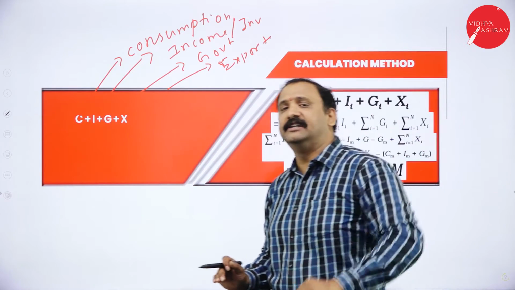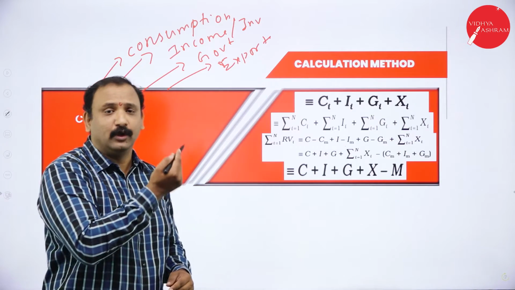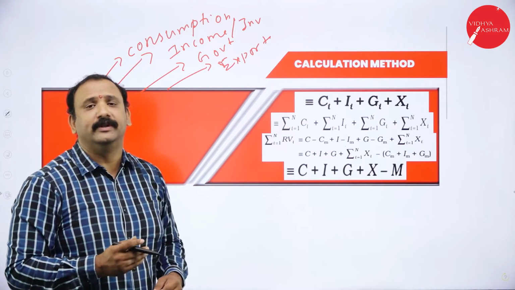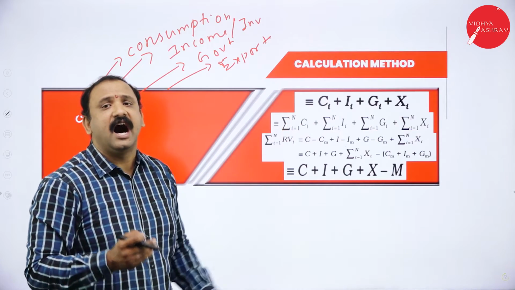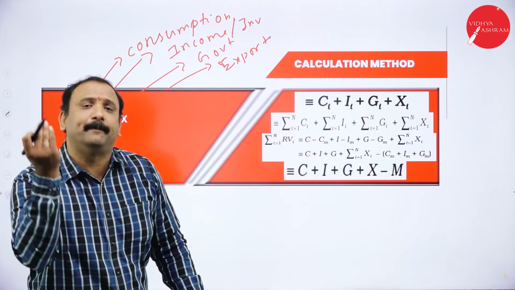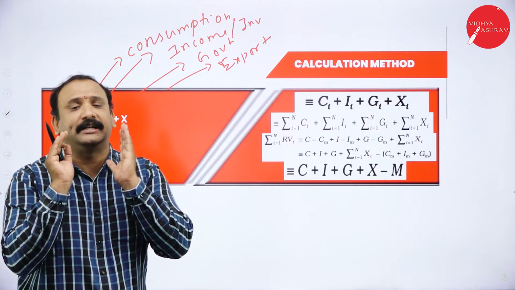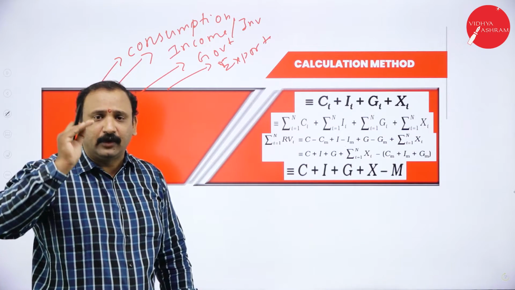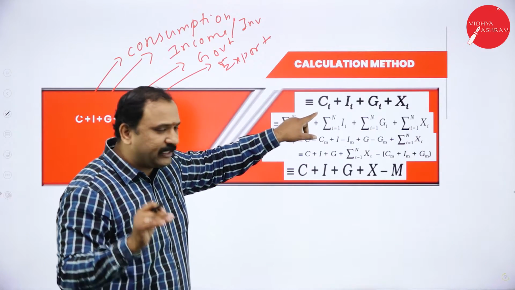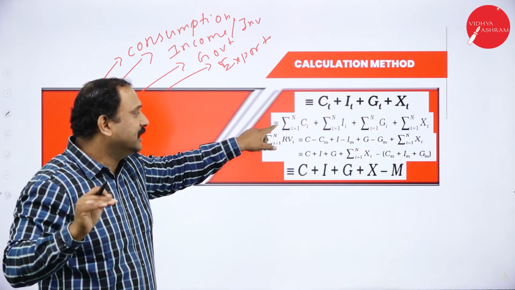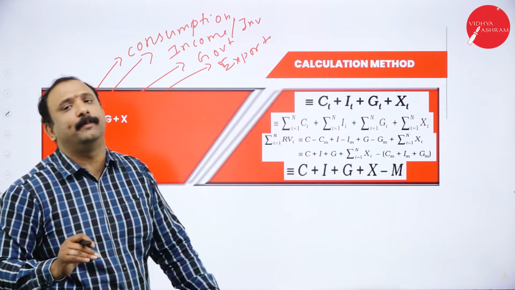Now let's start understanding the calculation method altogether. If you look at the board, you will see that all these factors are calculated over a period of time. They are not just calculated at an instant or at a moment. When we start doing it, you would also see the letter M coming into the picture.